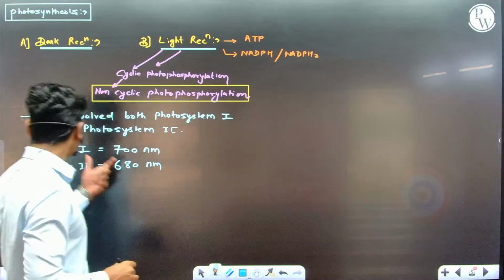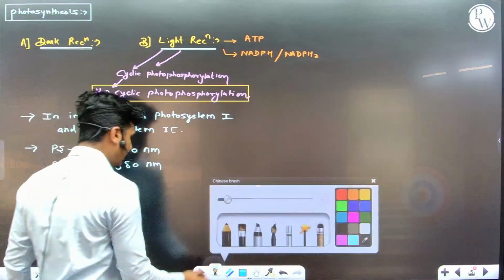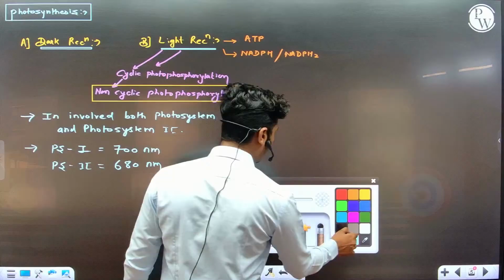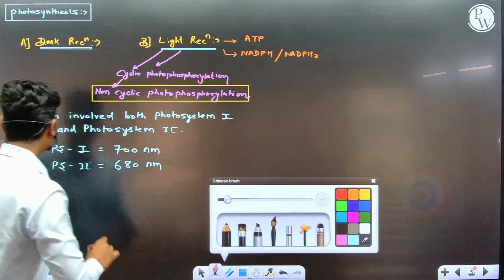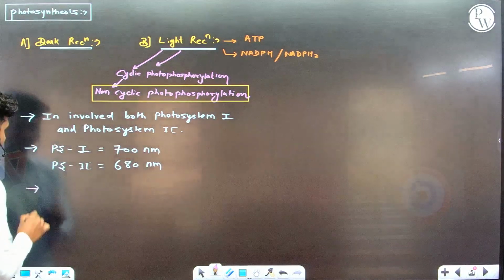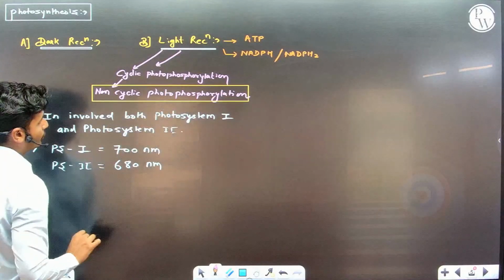Now PS1, PS2, probably you understood about PS1 and PS2. Now, second point, third point, non-cyclic photophosphorylation.